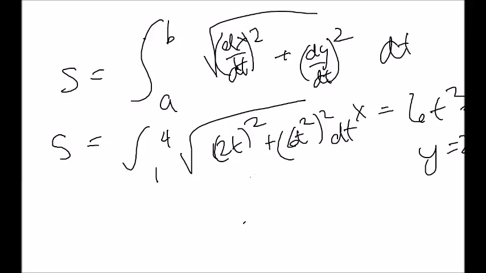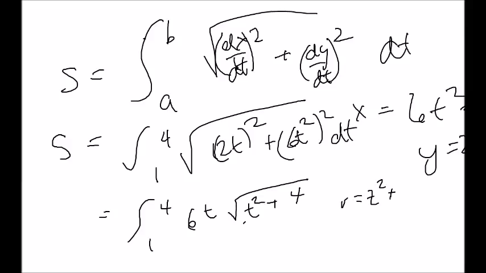Now you just basically simplify it, from 1 to 4, you can get it into the form of 6t squared times the square root of t squared plus 4. Now it's just a u sub, u equals t squared plus 4, du equals 2t dt.